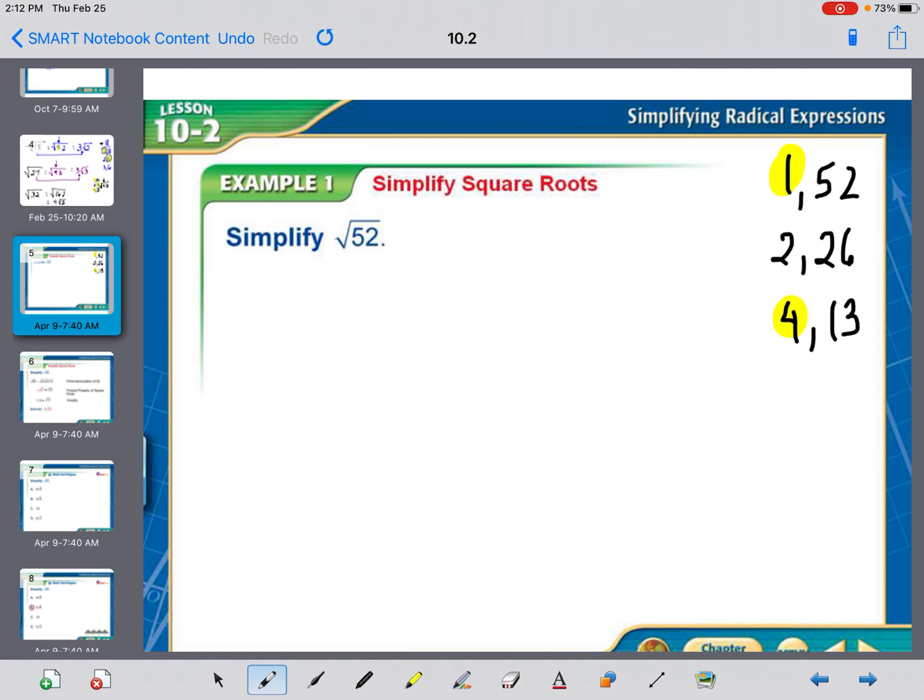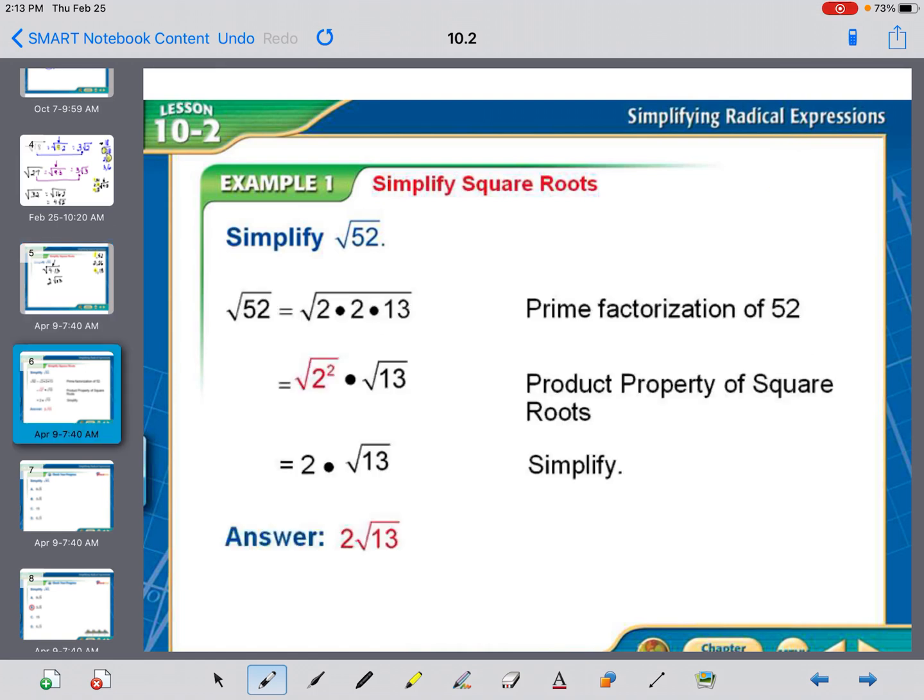One of them, the 1, is always there, and it's of no real help to us. So I'm going to rewrite the square root of 52 as the square root of 4 times 13. Why? Because 4 is the square hiding in there. The square root of 4 is 2, and the square root of 13 is the square root of 13. Done.